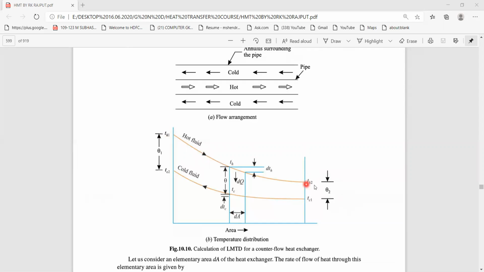Similarly, sometimes the temperature of the hot fluid at the outlet, TH2, may equal the temperature of the cold fluid at the inlet. It is in very rare cases.